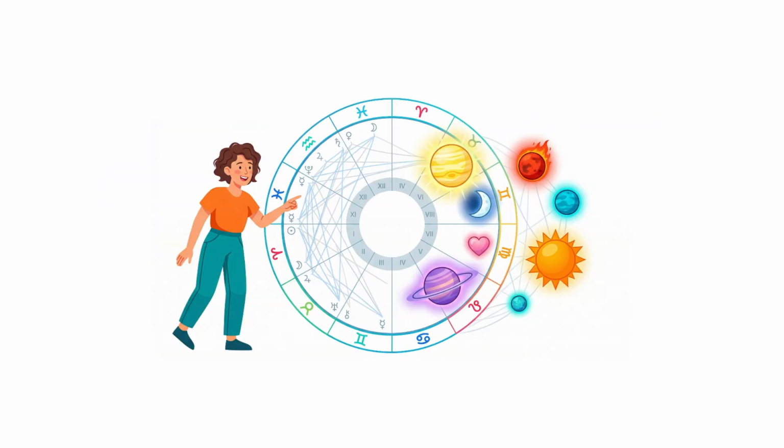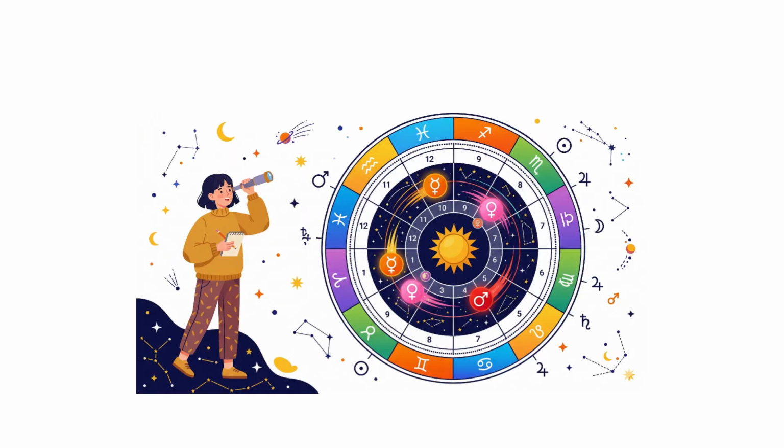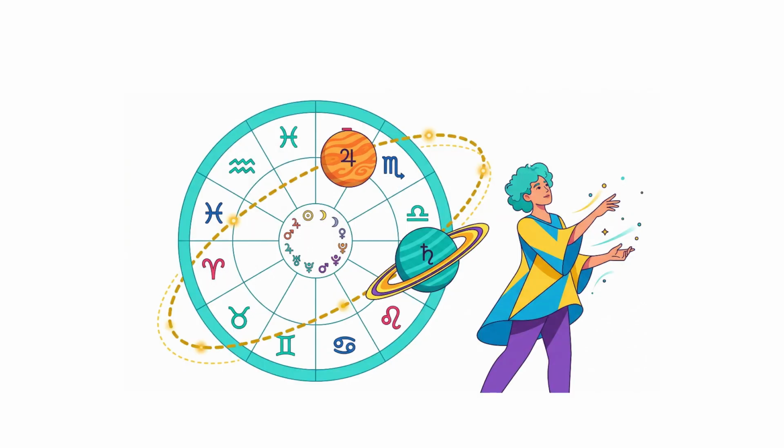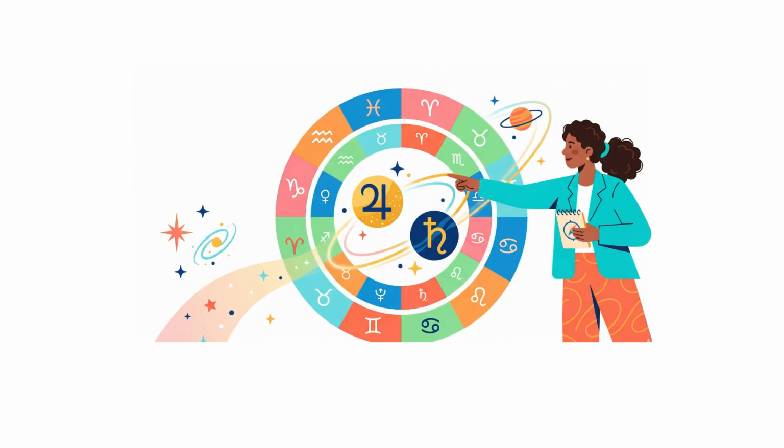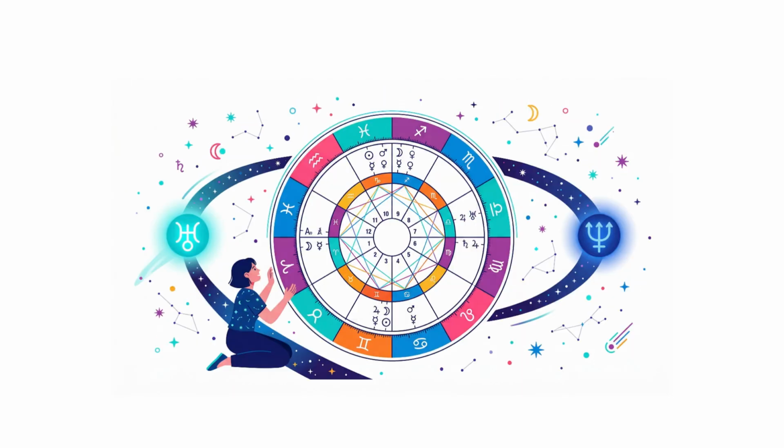Beyond aspects, you can now look at the planets themselves. Start with the inner planets, Mercury, Venus, and Mars. Then move to the middle planets, Jupiter and Saturn, followed by the outer planets, Uranus and Neptune.